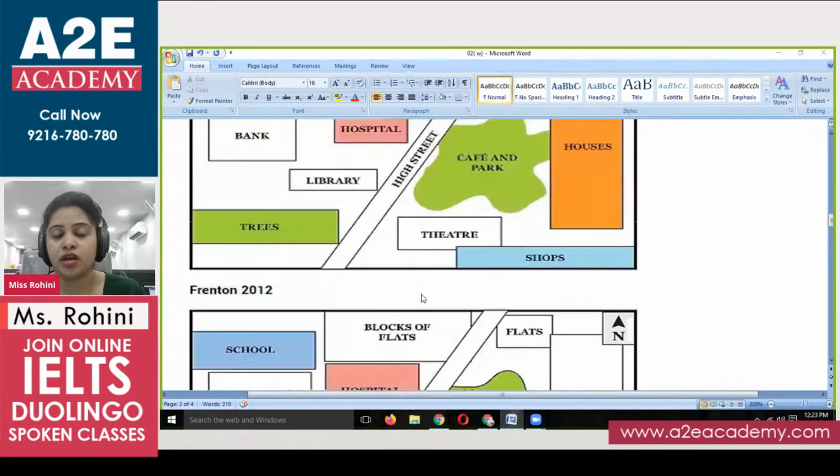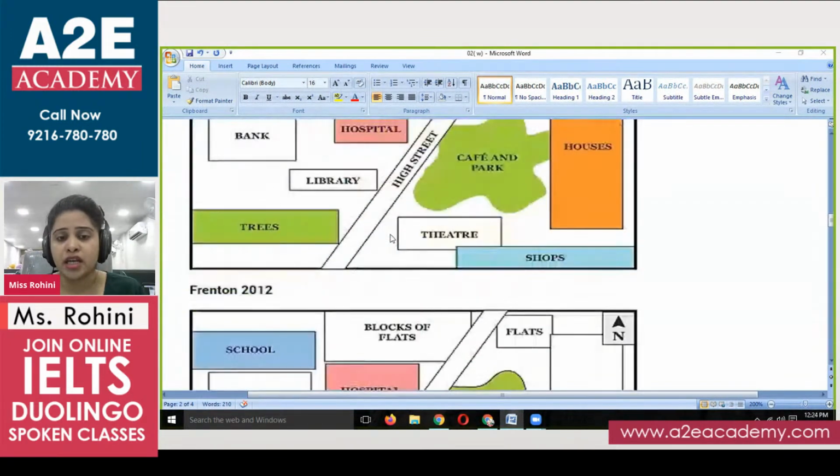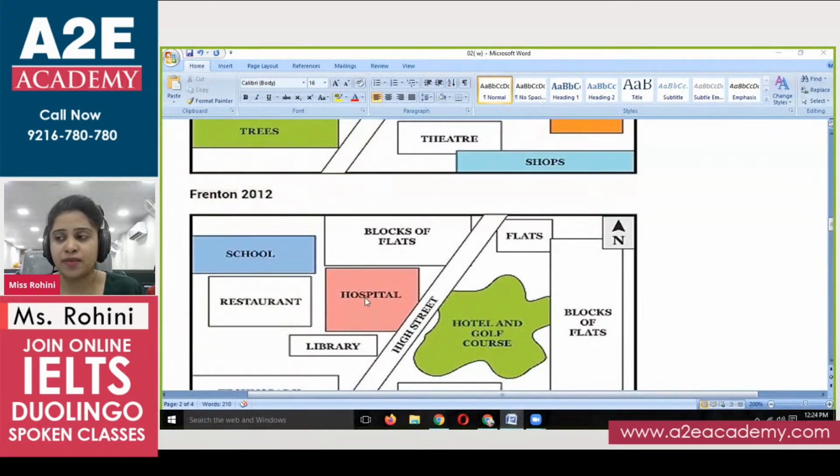However, the hospital was located at the center of the town in 1990, or in the previous map. क्योंकि हम दो बार 1990 यूज कर चुके हैं, तो हमें हर तरह की जो रेपिटेशन है उसको अवॉइड करना है. So for that, you can say the hospital was located at the center of town in the previous map, but the location was the same.